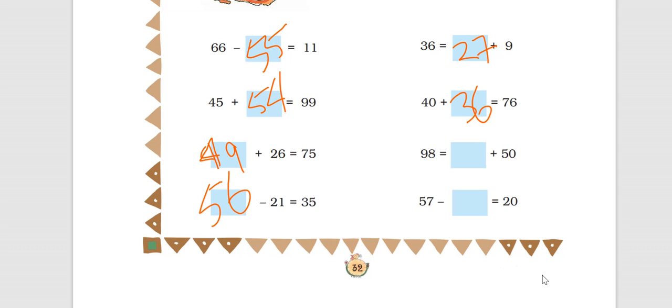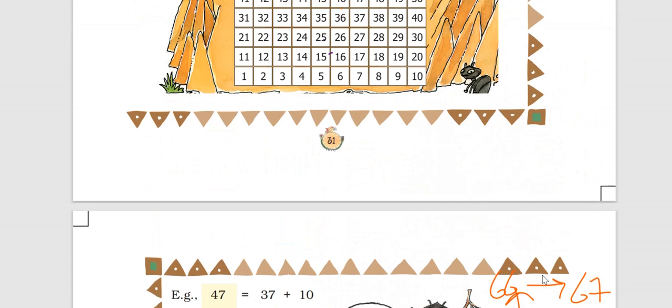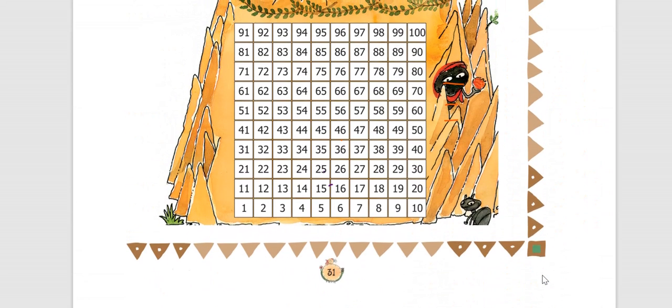Okay, the next one is 98 equals dash plus 50. So let's start at 50 and see how we get to 98. Start at 50, go to 98, go one more up.